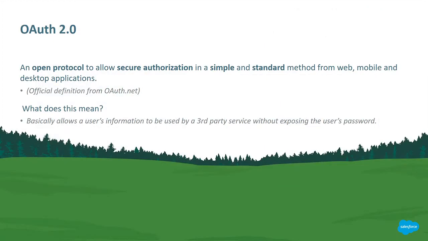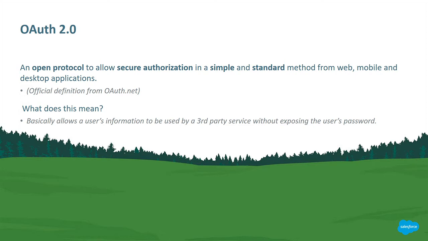So the official definition. Right now the official version of OAuth is 2.0, and basically OAuth is an open protocol. So different folks, different companies, different people gathered together, and they came up with this protocol that has been agreed upon. And this protocol allows you to securely perform authorization in a simple and standard format.